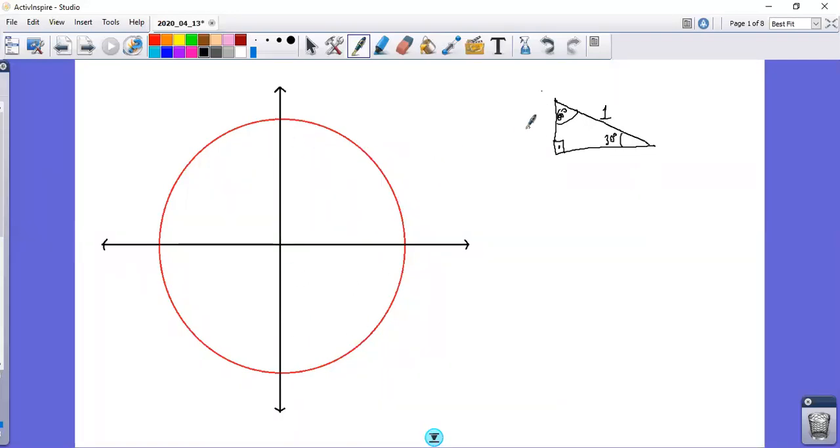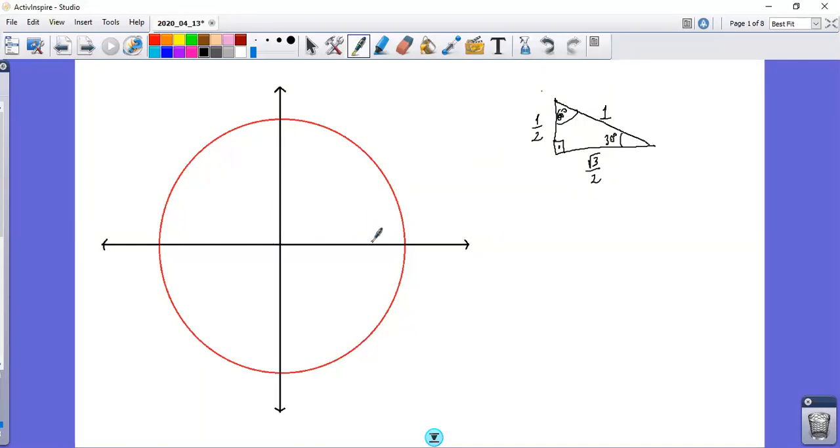So the hypotenuse is 1, right? The side opposite to 30 is always half of the hypotenuse, so it is 1 over 2. And the side opposite to 60 is always root 3 times the side opposite to 30. So root 3 times 1 over 2 is root 3 over 2. So this triangle is going to help us to find some of the values of the trigonometric functions.